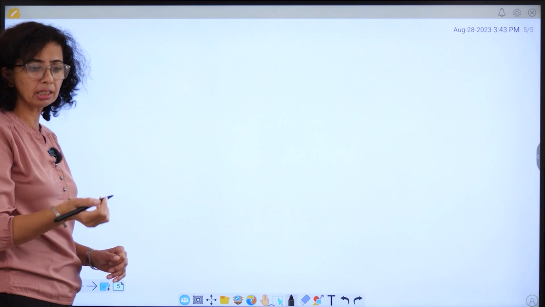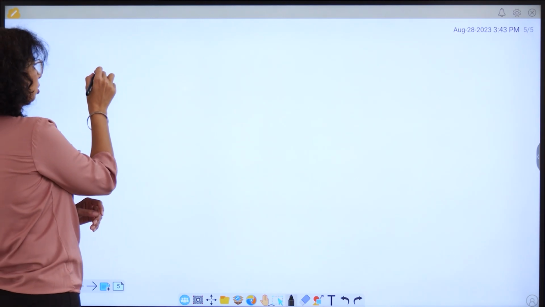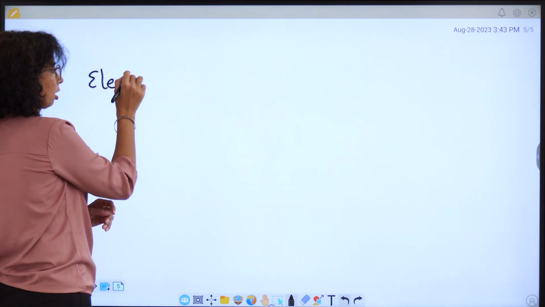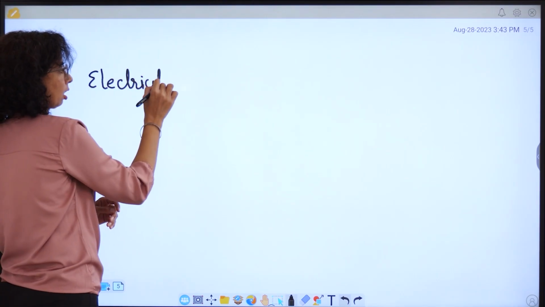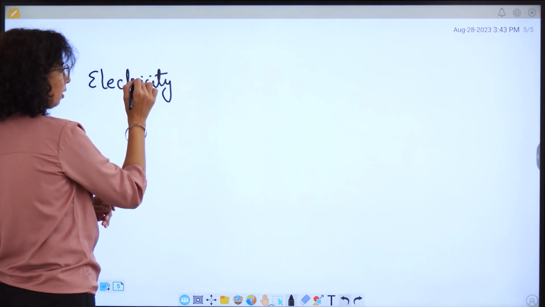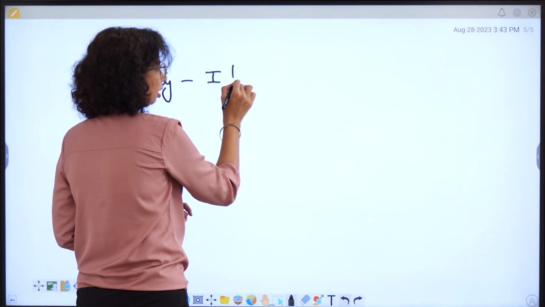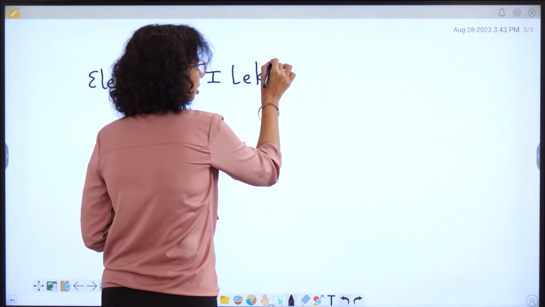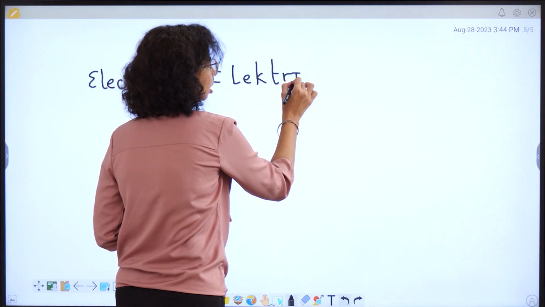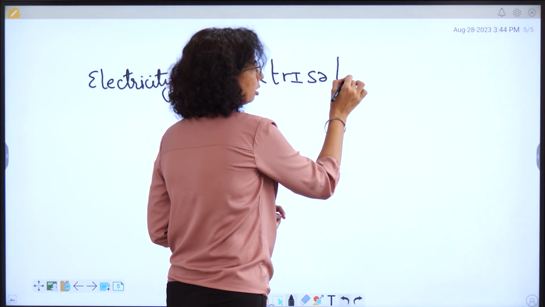For the pentasyllabic word, let's take the example of the word electricity. E, lec, tree, s, t.